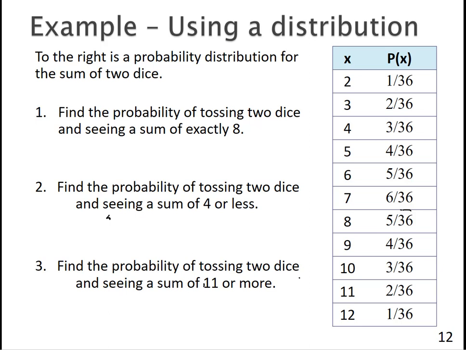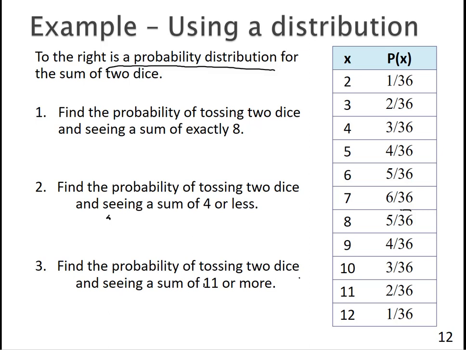In this case, we can trust that this is indeed a probability distribution because the problem tells me so. It is a probability distribution, which means I'm not going to have to spend the time to check against those requirements from the last example. Sometimes you may have to check. In this case, we're told that it is indeed a probability distribution, so we're going to trust that it is. All right, now I'm going to answer a few questions.